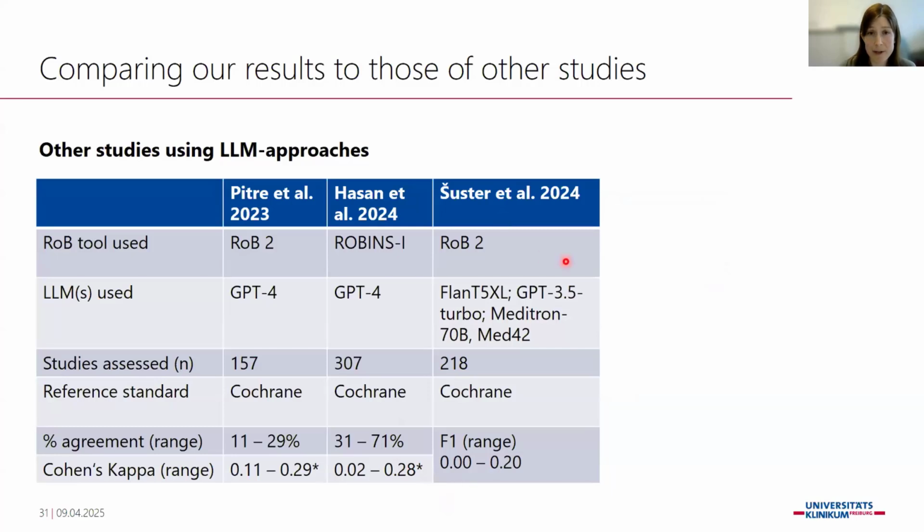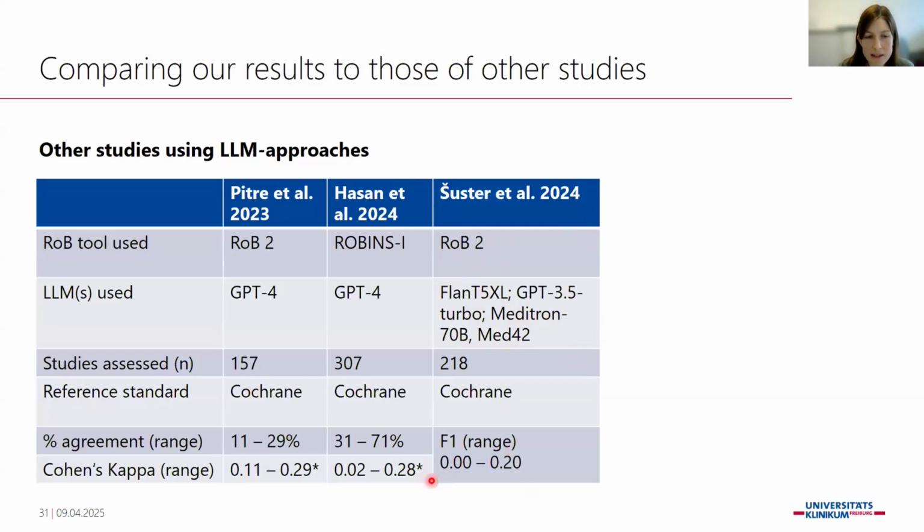Here is a further study by Schuster et al. And they also took the ROB2 tool, but they tested a bit more models. So GPT was there, Flan-T5-XL, and there were also two fine-tuned LLMs, so fine-tuned using medical data, especially for the medical area.